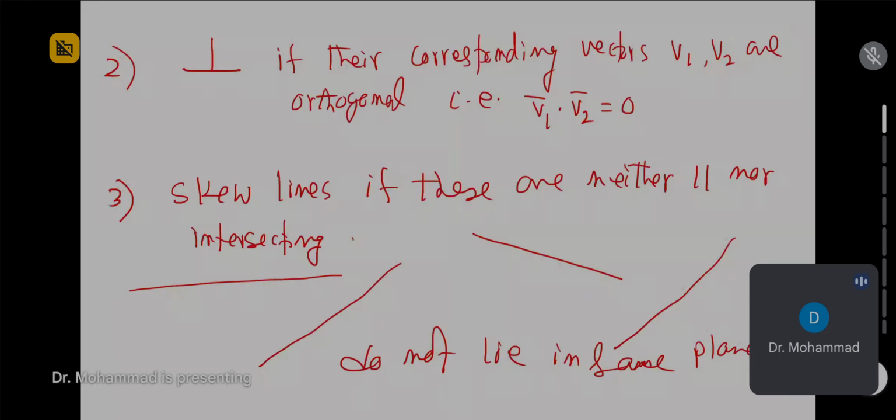And skew means the lines will never intersect and will never be parallel to each other. This situation we call skew lines.